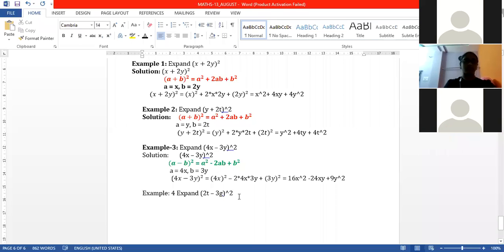I have given this example: expand (2t minus 3g) whole square. Now, students, you are observing it is looking like (a minus b) whole square, means we want to apply the third identity. Solution. The question here is given (2t minus 3g) whole square.